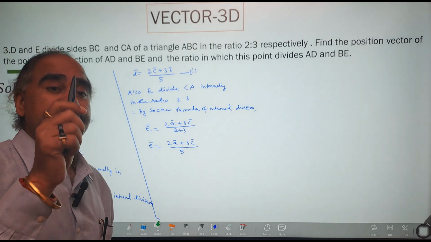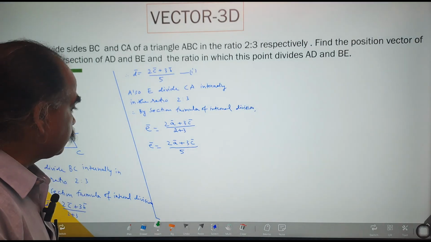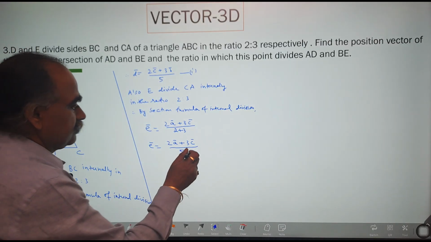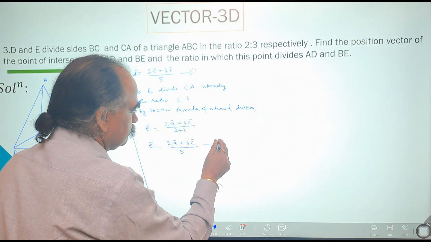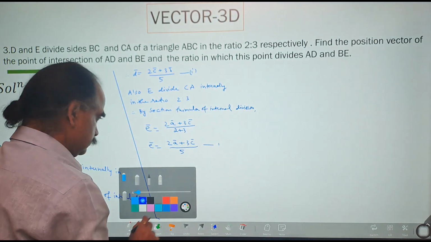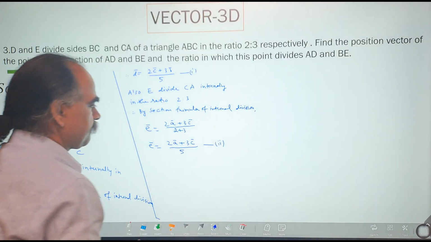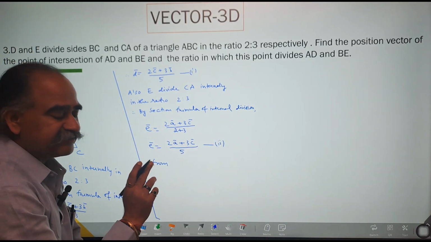This means we want A bar, D bar, B bar, E bar. We do not want C bar, so from both the equations we'll find out C bar. This is equation number 2. Our aim is to eliminate C bar.